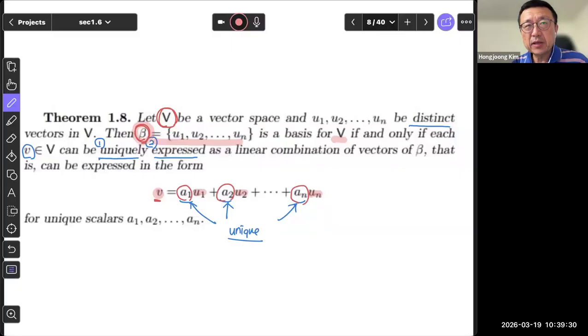And theorem 1.8 says if these vectors in beta define a basis, so that they are linearly independent, then these numbers a1 up to an will be unique. And this is an important property. This 1.8 holds for any vector space V.